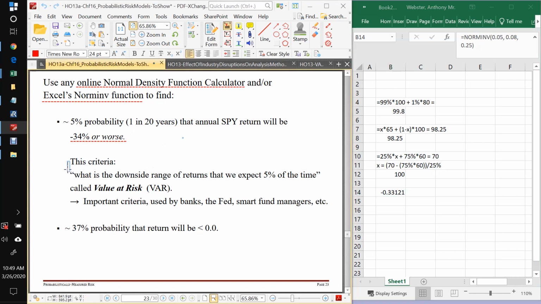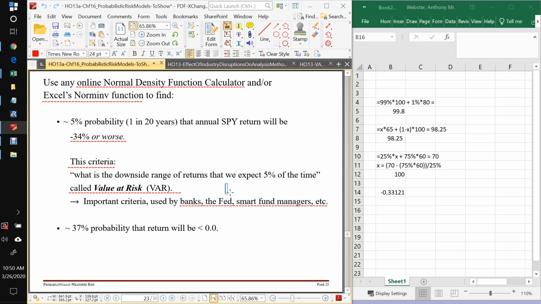So this is actually important. This criteria, what we just did, where we're asking what is the downside range of returns that we expect 5% of the time, when we ask this question, this is called the value at risk criteria. This is a very important criteria. Clearly, I can't ask you to compute it on exams because we do need something like this to compute it, but I do need you to understand the concepts. It is important because it's used by banks, the Fed, smart fund managers.